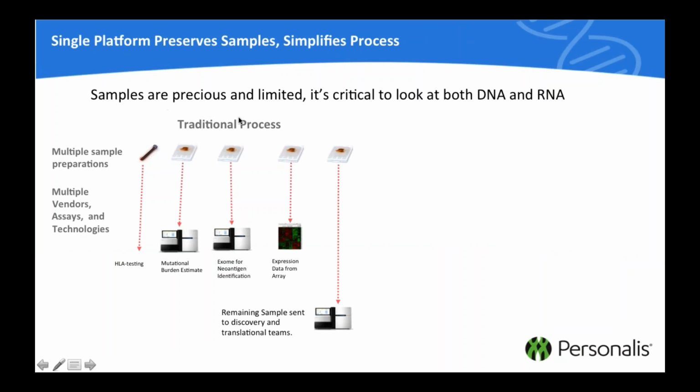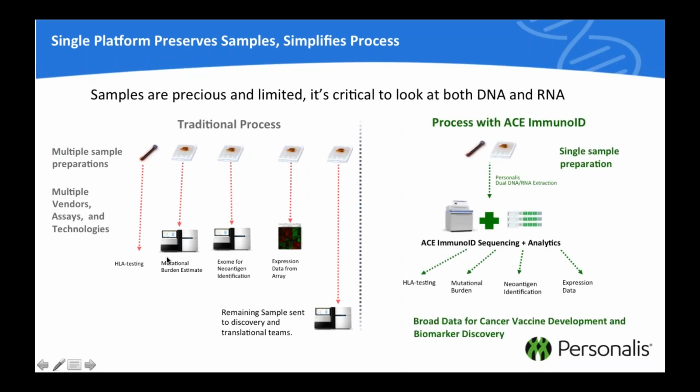And traditional processes often require multiple samples to be sent to multiple vendors to get the data needed in your study. So, for example, perhaps sending a blood sample for HLA testing, a tissue section for expression analysis, and then sending another tissue section to look at mutational burden. So utilizing a partner that has a simplified process for simultaneous extraction of both DNA and RNA from the specimen, and also using assays designed to work in a sample-sparing manner is essential.